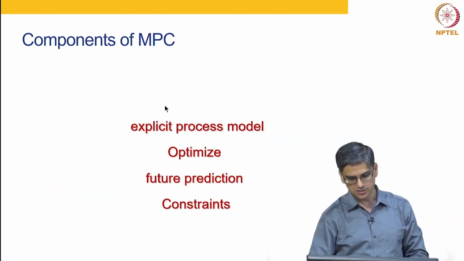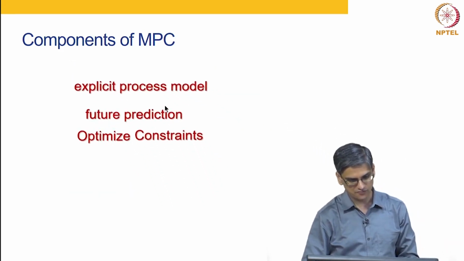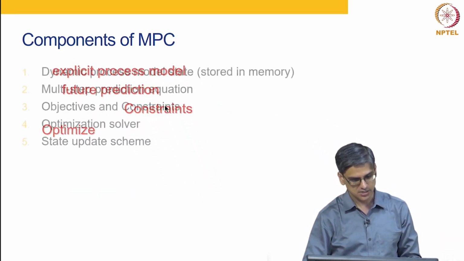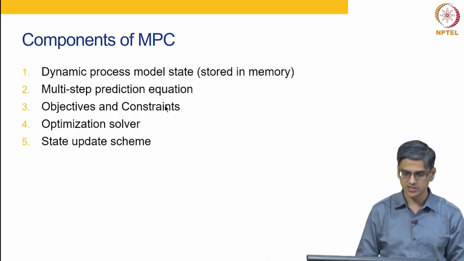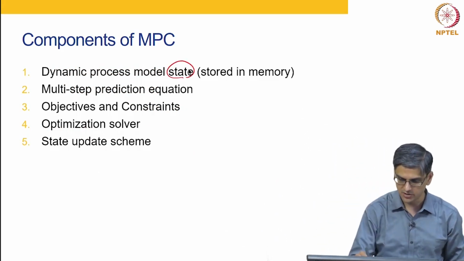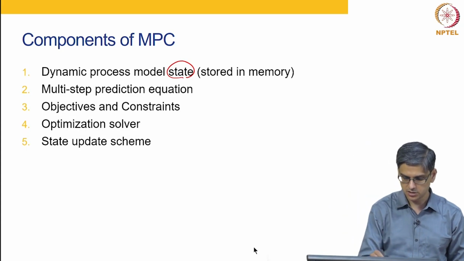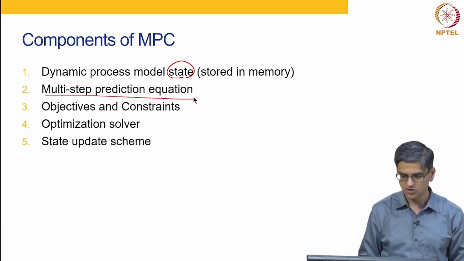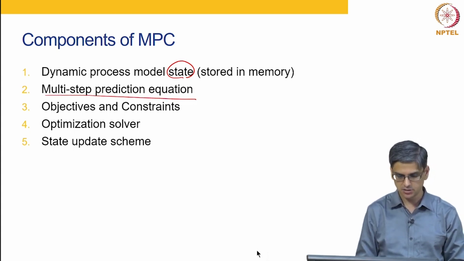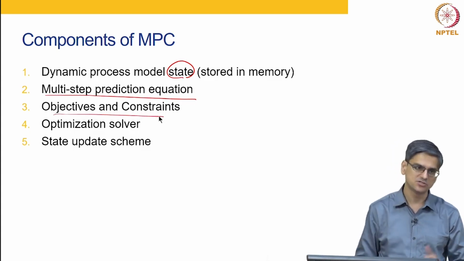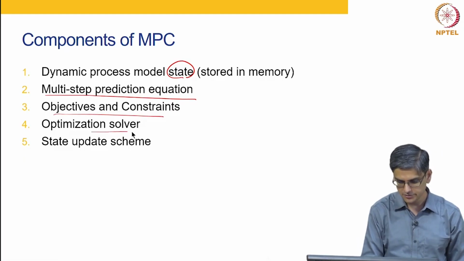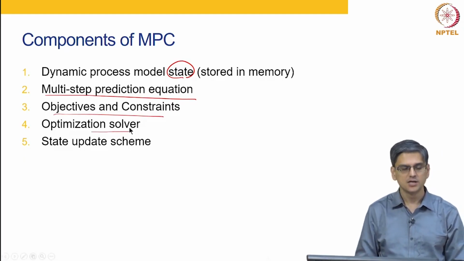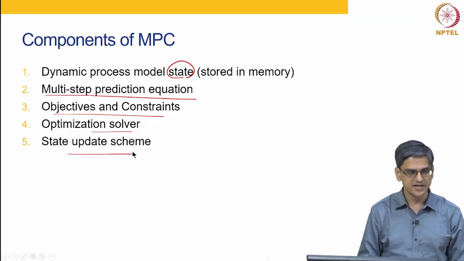Okay. So, let us get back to the components of MPC, and what that means is that you need a dynamic process model, and along with the dynamic process model you have the model state, you have the model in terms of a multi-step prediction equation, objectives and constraints, we saw about that earlier today. There is an optimization solver, and there is a way to update the state.